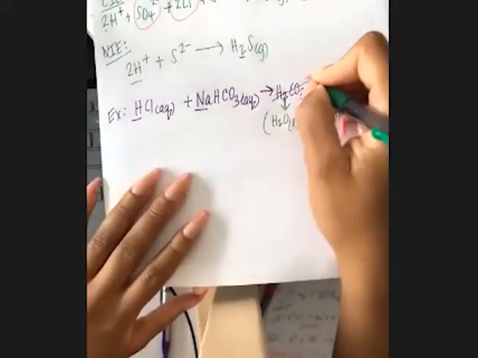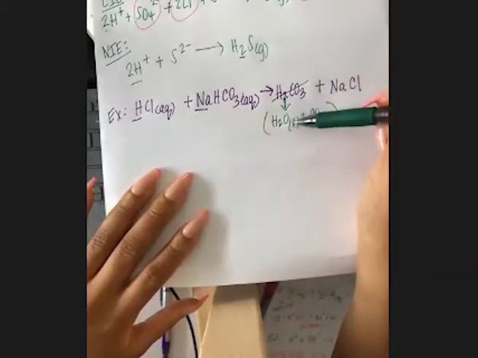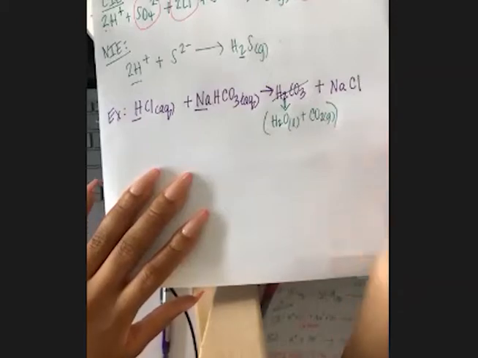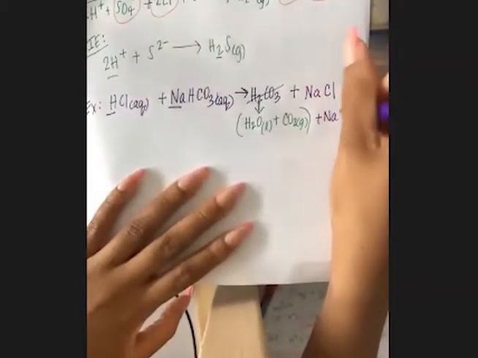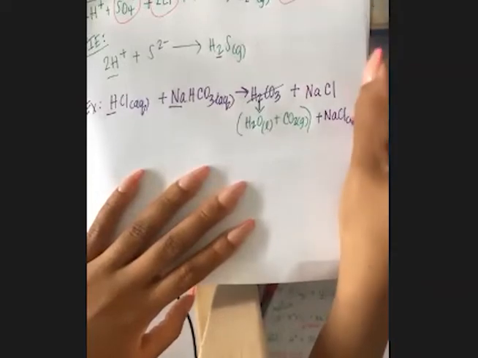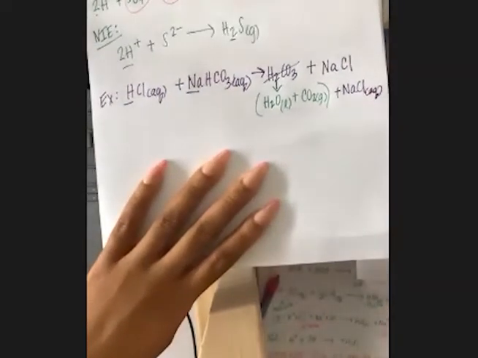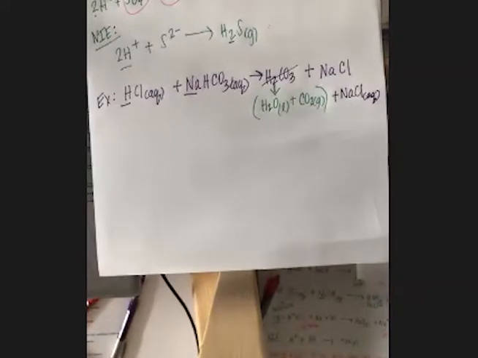So because it's an unstable product, what really happens is water and carbon dioxide form, plus sodium chloride. This is aqueous. So this is our molecular equation.